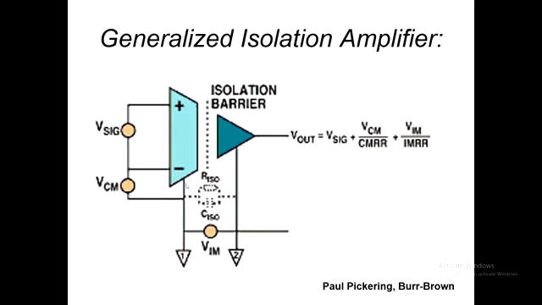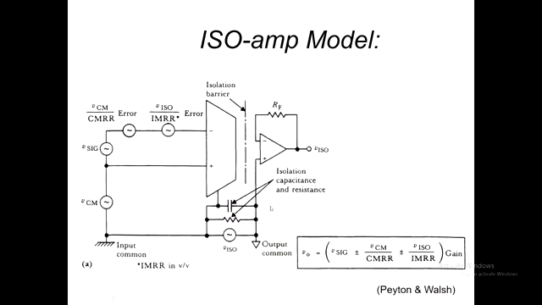Indices for the performance of the isolation amplifier are the isolation resistance and isolation capacitance, and the maximum isolation mode input signal between the two grounds. Another version of that here, showing that we can parameterize the error as an input referred error for both common mode signal and isolation mode signal.